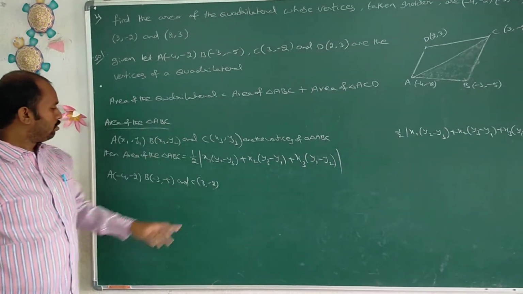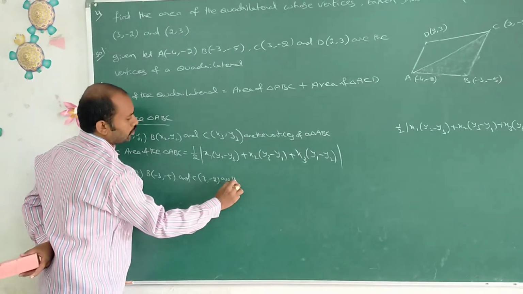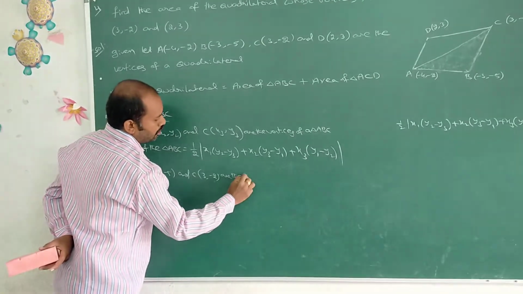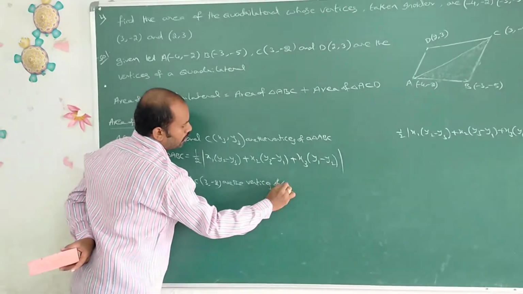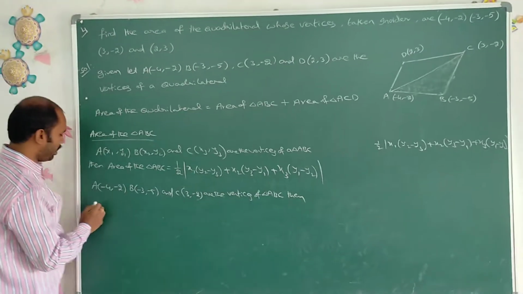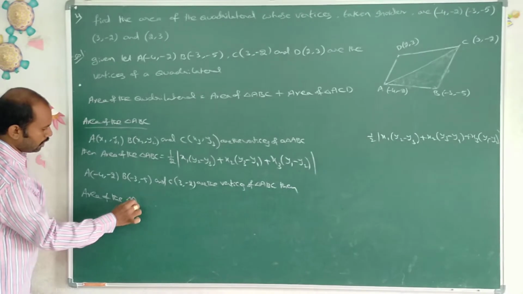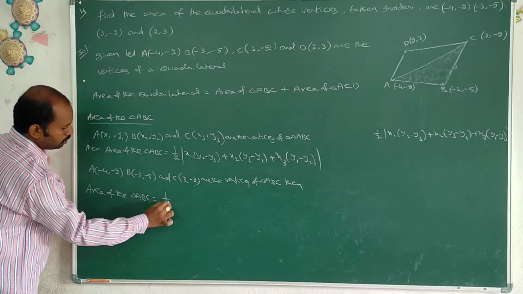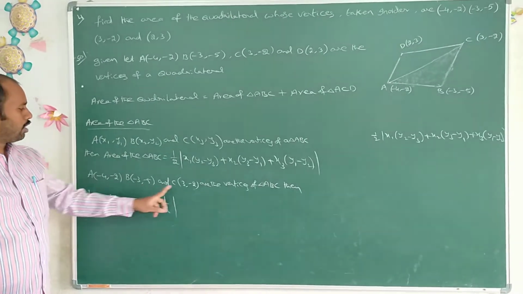Here you write, ABC are the vertices of triangle ABC. Now you find the area of triangle ABC. That is equal to half modulus of, substitute here. First (x1, y1), (x2, y2), (x3, y3).